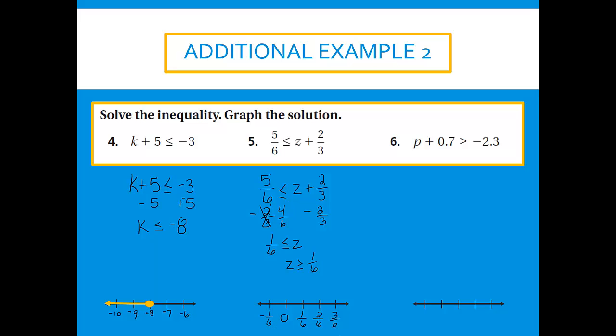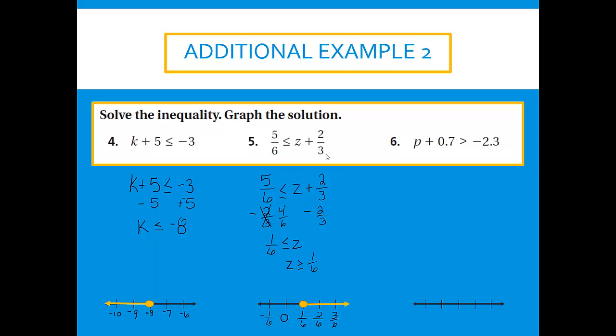I will have a closed circle at 1/6 because I have the symbol greater than or equal to. And then if I check a number on the left, I have 0. 0 is greater than or equal to 1/6 is not a true statement. So if I check a number on the right, I have 2/6. 2/6 is greater than or equal to 1/6 is a true statement. So I will shade to the right.